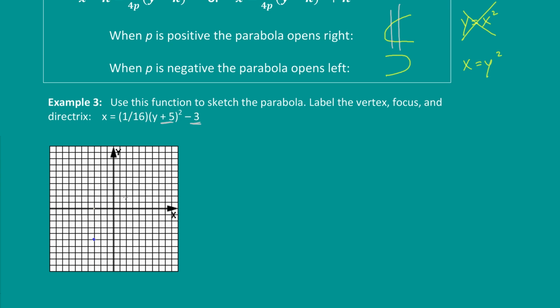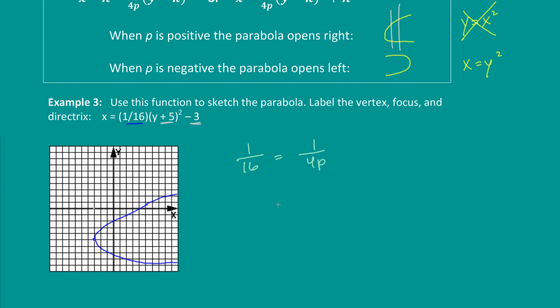Now it's going to open right because this is positive. So I'll just do a very quick graph. Something like that. It's just opening right. And what is our focus? 1 over 1/16 equals 1 over 4p.